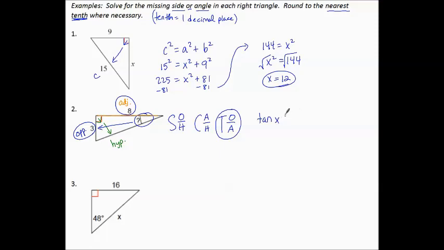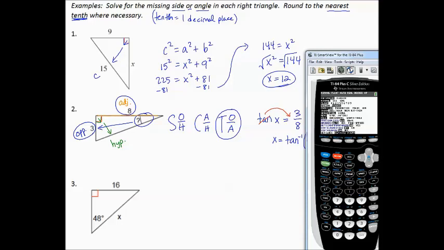Tangent of x, since I don't know the angle, equals opposite over adjacent, so 3 over 8. When I don't know the angle, I need to get it to the other side by using the inverse. So I write x equals inverse tangent of 3 over 8. Now I can go to my calculator and do second tangent 3 divided by 8, enter.